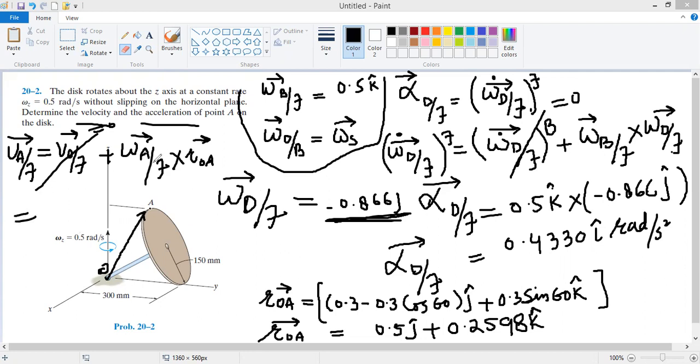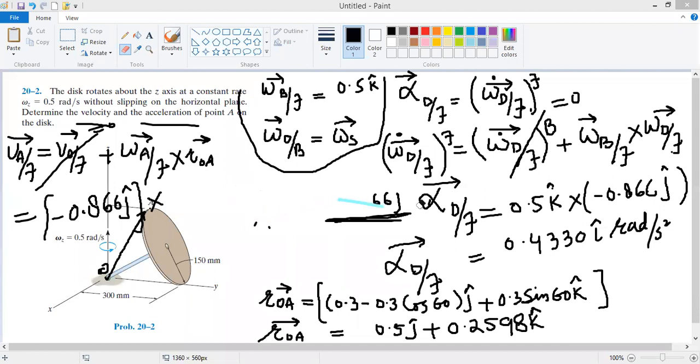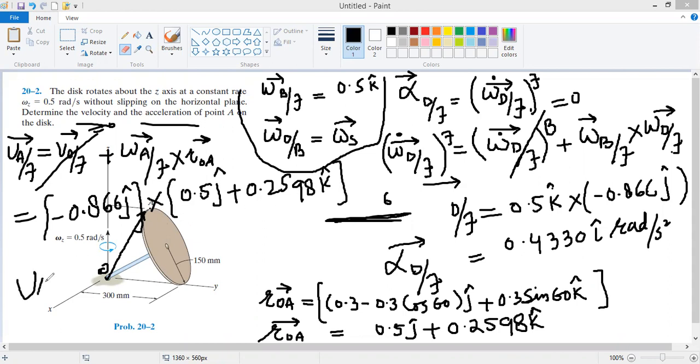Therefore the expression becomes angular velocity of A with respect to ground, that is minus 0.866 j cap, cross product with ROA, that is 0.5 j cap plus 0.2598 k cap. Like this.